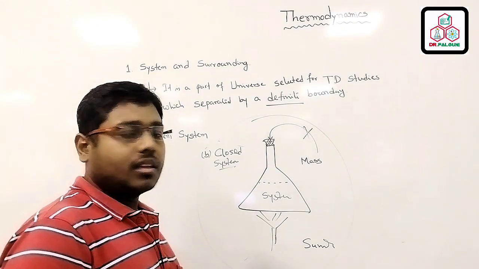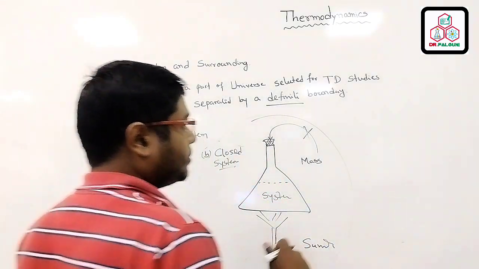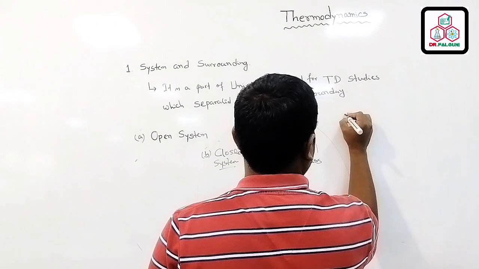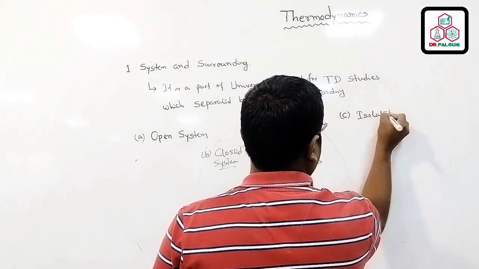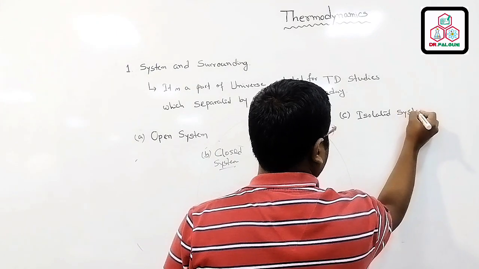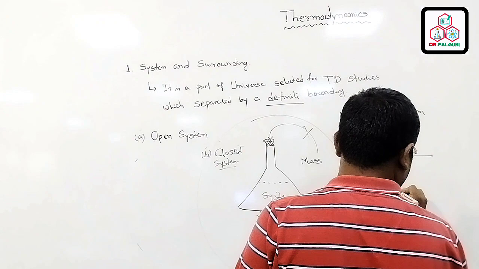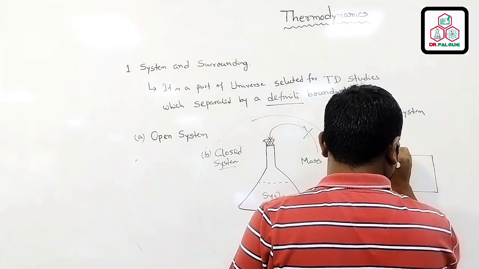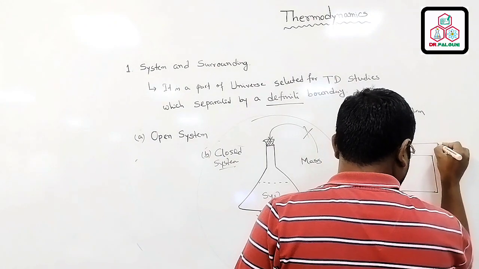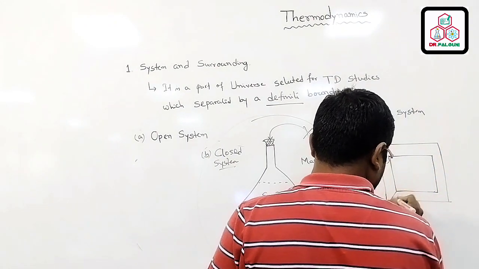Third one is isolated system. So isolated system is wrapped with an insulator wall.